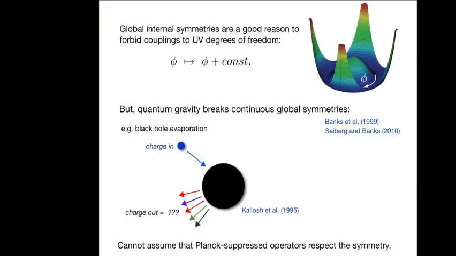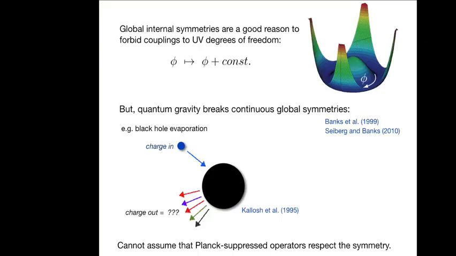And most of the time, those good reasons are global internal symmetries. Like if you have a spontaneously broken symmetry, like this famous one here, you generate a shift symmetry for the angular direction here in this Mexican hat. And so that can suppress all polynomial couplings of the inflaton or any other scalar to massive states.